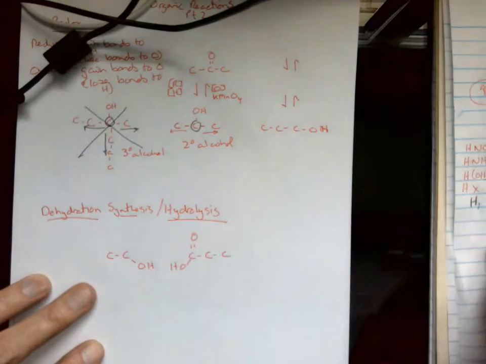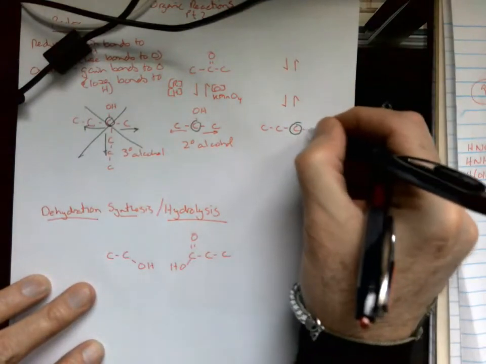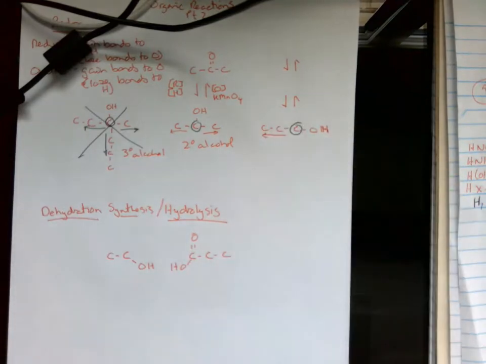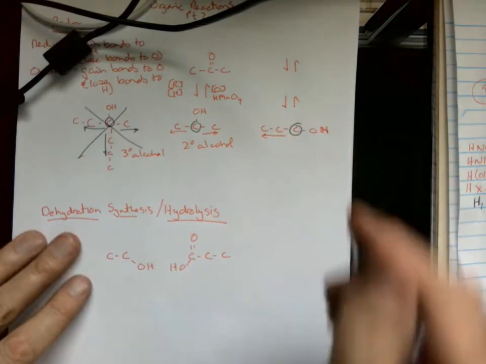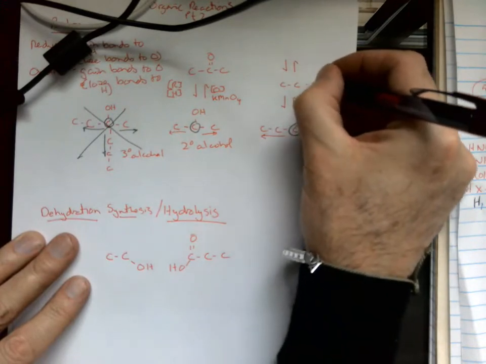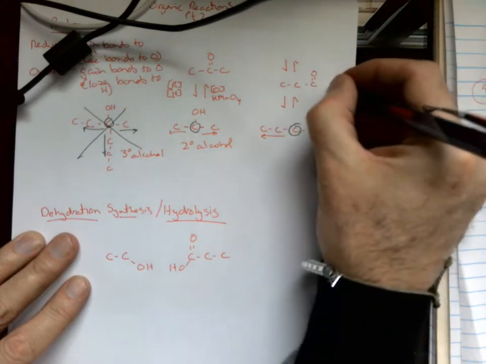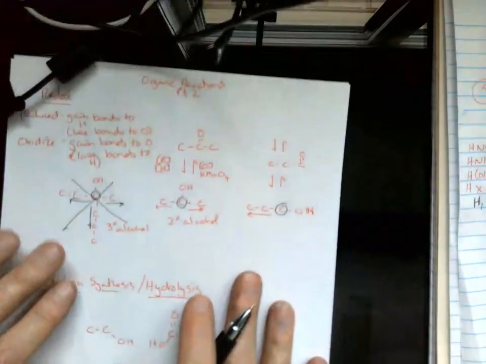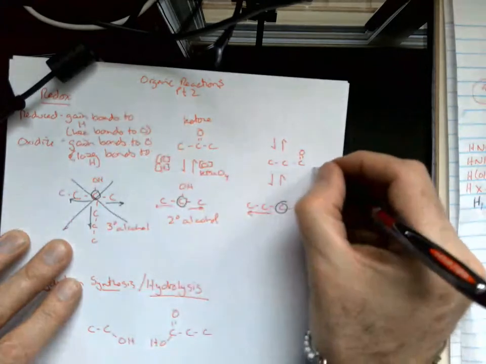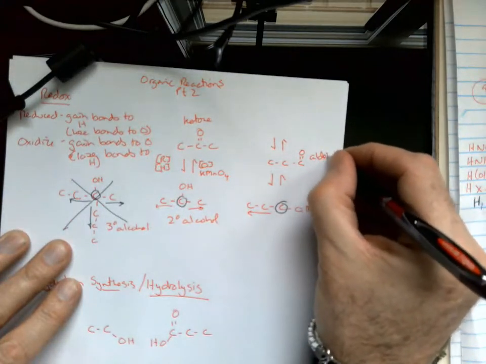Here come the next 2 reactions. When you have a primary alcohol, if you circle the carbon that's attached to the OH, you'll have a carbon chain coming off of that. If you oxidize that, you will make an aldehyde. Where this is a ketone, this is an aldehyde.